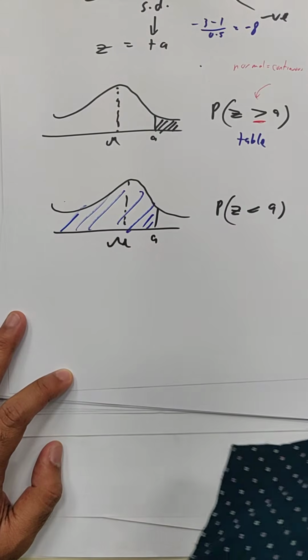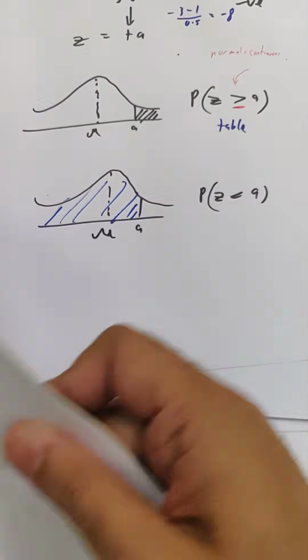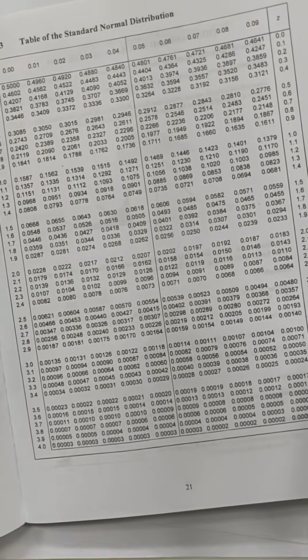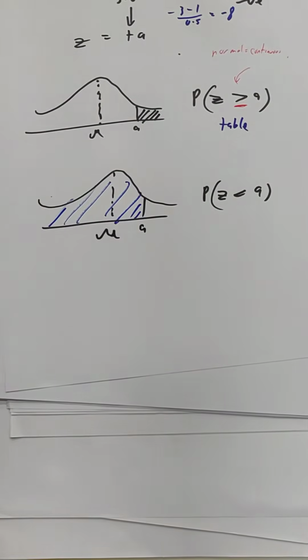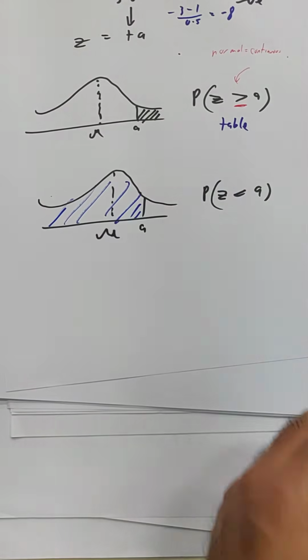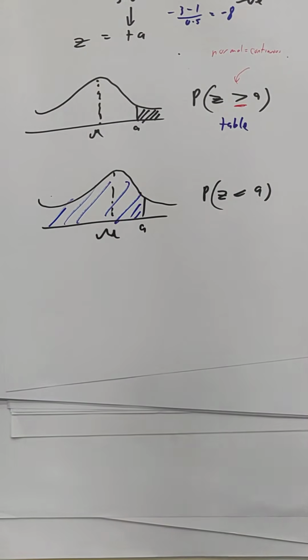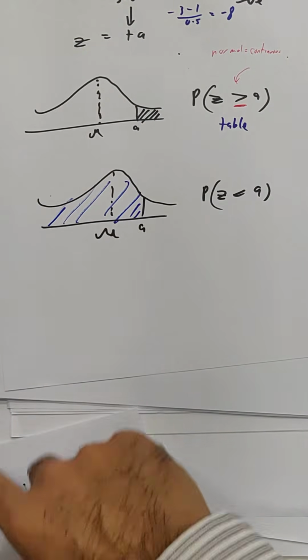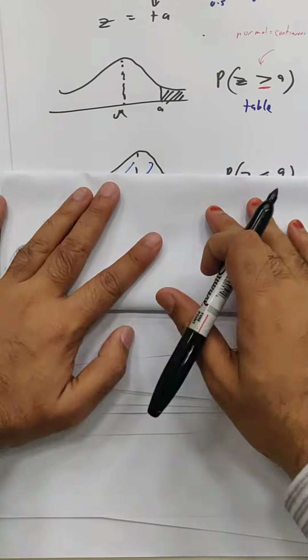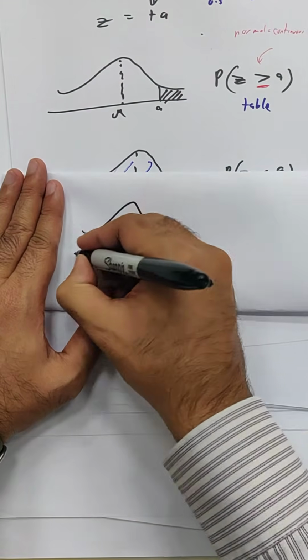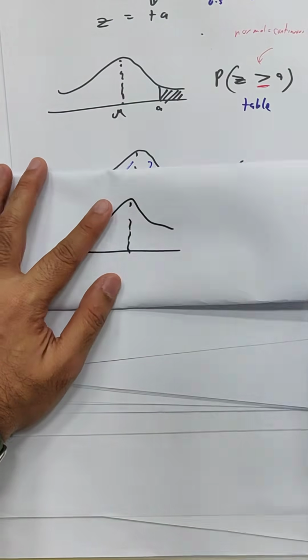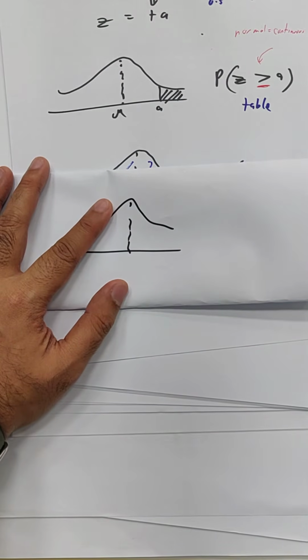But this table here, it can only read in which direction? Left to right, and to be more precise, the table can only read in this set.